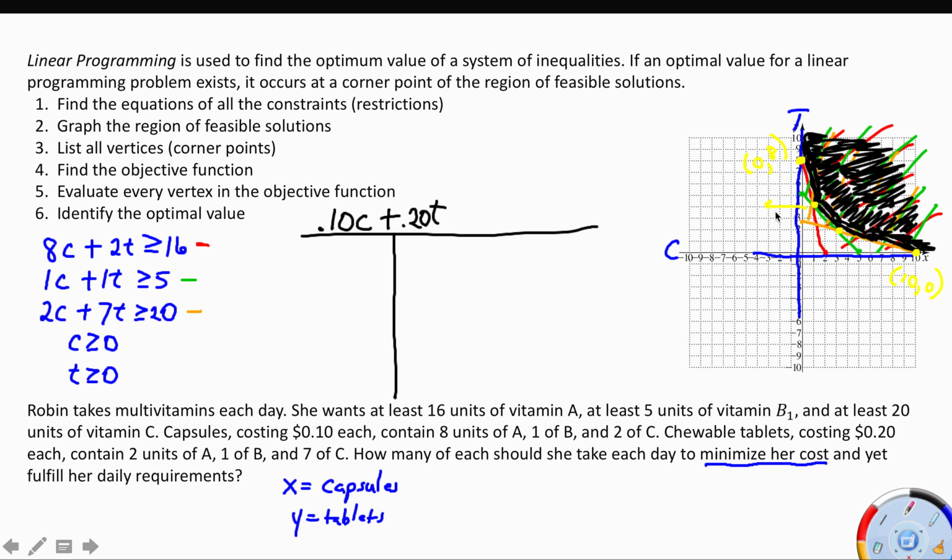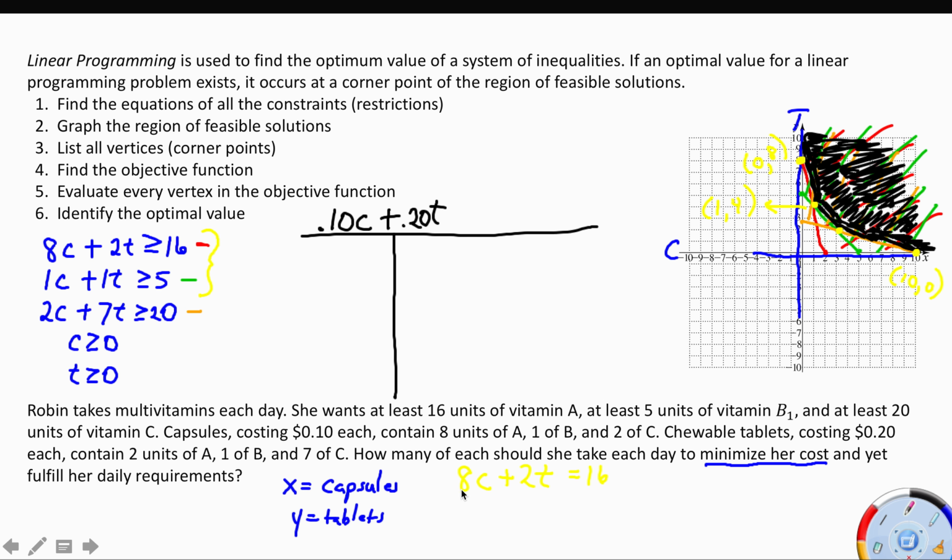But again, what if we plugged it in and it didn't work? All I have to do is take these two equations and solve them, right? I would use, on this one, my elimination method, multiply by -2. I'd have 8c plus 2t equals 16.